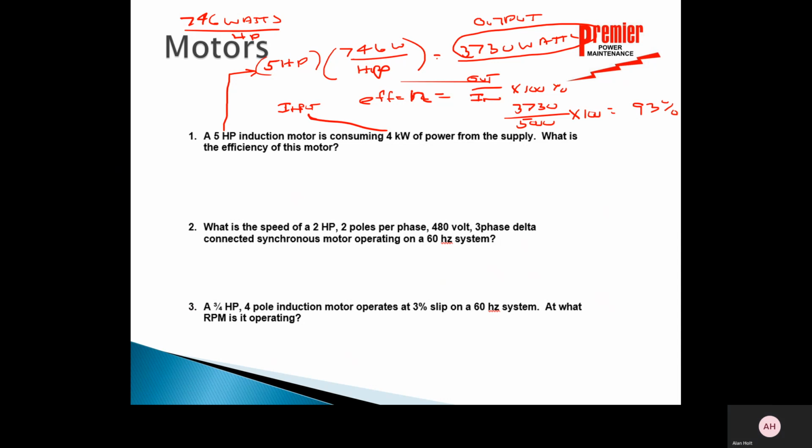Number 2, what's the speed of a 2 horsepower, 2 poles per phase, 480 volt, 3-phase delta connected synchronous motor? Well, we want to bring up a couple points here. We need to understand the difference between a synchronous motor and an induction motor. A synchronous motor has to run at a synchronous speed.